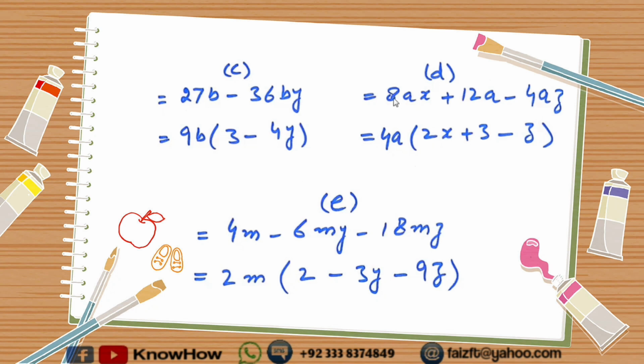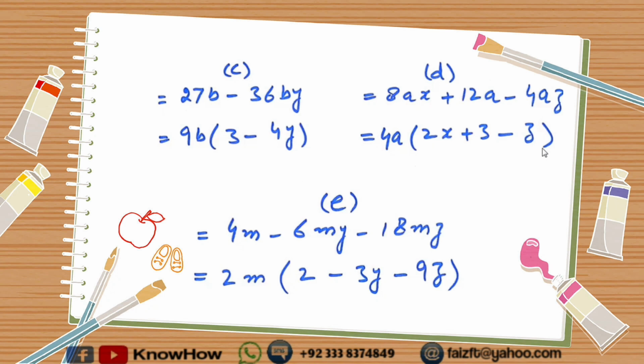Then we divide 8ax by 4a, so 4 twos are 8, and a is in the common factor, so we will not write it inside the bracket, only x will be written over here. Then the plus sign, and again 4 threes are 12, a is in the common factor, so we will not write it here. Then minus, and again 4 ones are 4, so you can skip writing this 4, and a is in the common factor, so only z will be written over here.